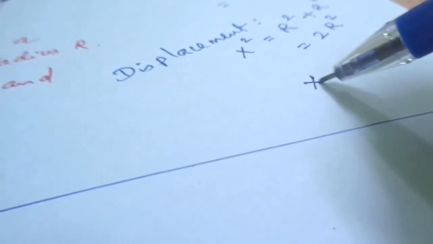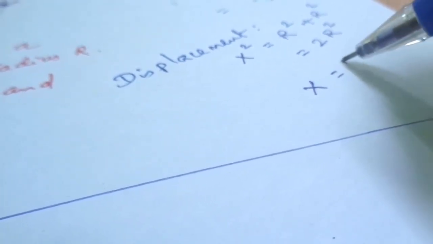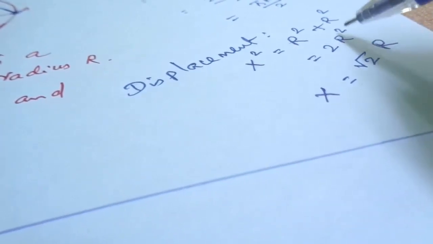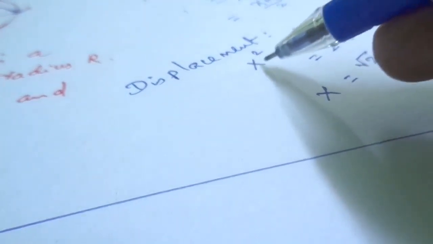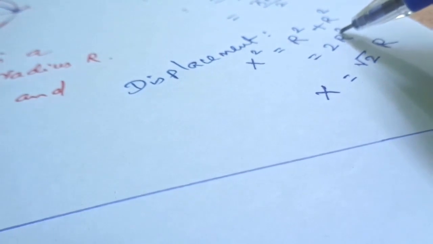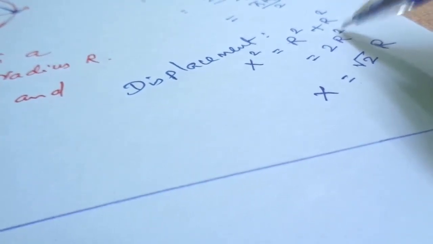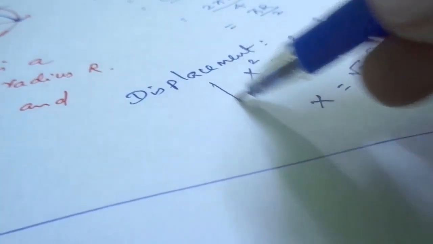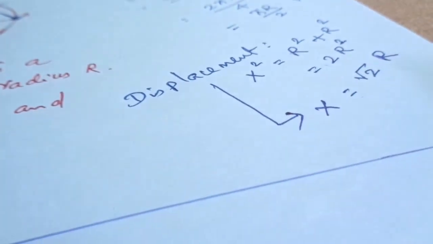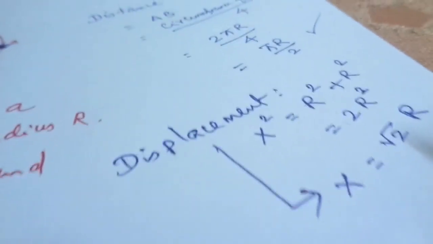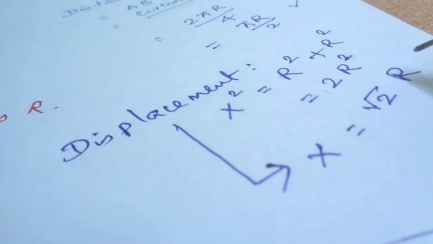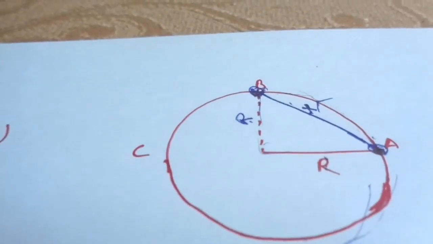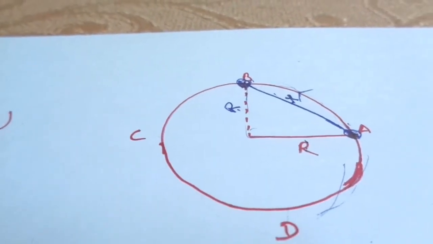Then x is nothing but the square root of 2 r square. If you take the square root, r square becomes r, and 2 becomes square root of 2. That is x, the displacement. x is equal to root 2 R for this particular diagram.